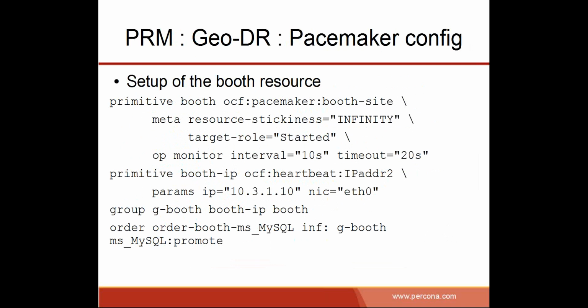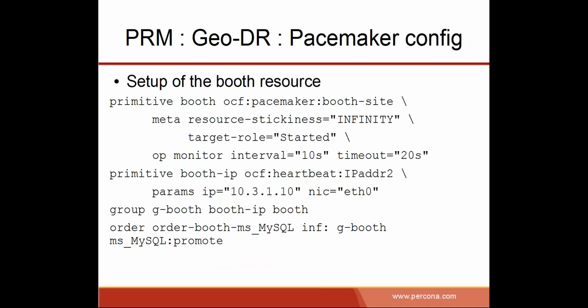We group those 2 resources together. So the booth IP must be present on the node that is running booth so that booth can be reached. And for sanity, we add an ordering so that the booth daemon, the booth group, must be started before we attempt to promote MySQL.